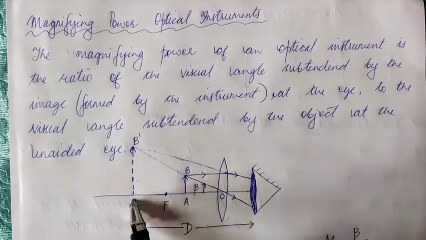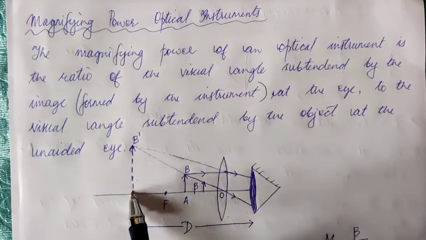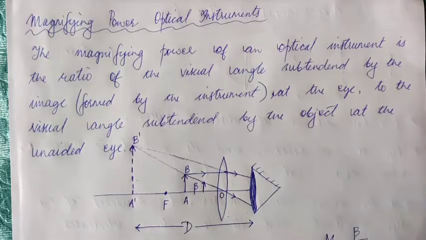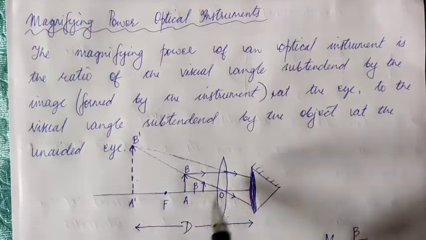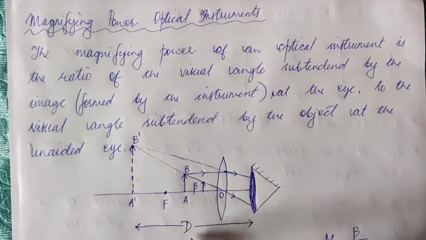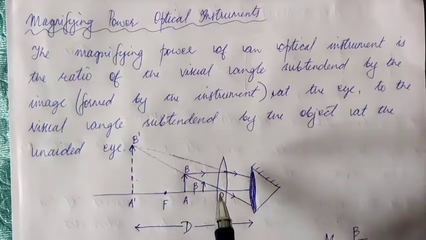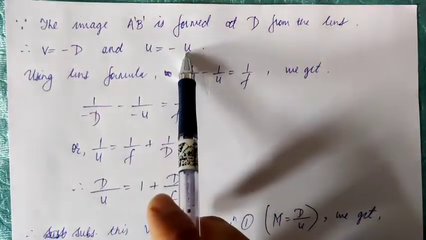Likewise, the image distance V, that is the distance of the image from the lens, is also on the negative side, on the left hand side of the lens. So V is minus D, since we've assumed the eye and the lens to be very close to each other, so D is the distance of the image from the lens also. So instead of V, we can write minus D, and instead of U, we can write minus U.